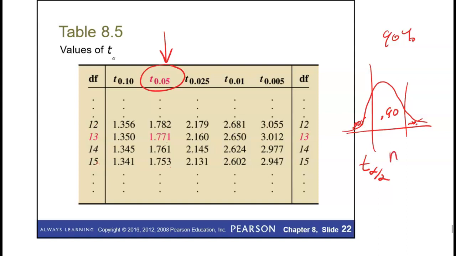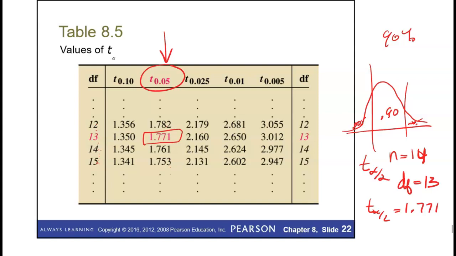So if our sample size was 14, our degrees of freedom becomes 13, and t of alpha over 2 would be 1.771. And notice as the degrees of freedom increases, this value starts to go down.